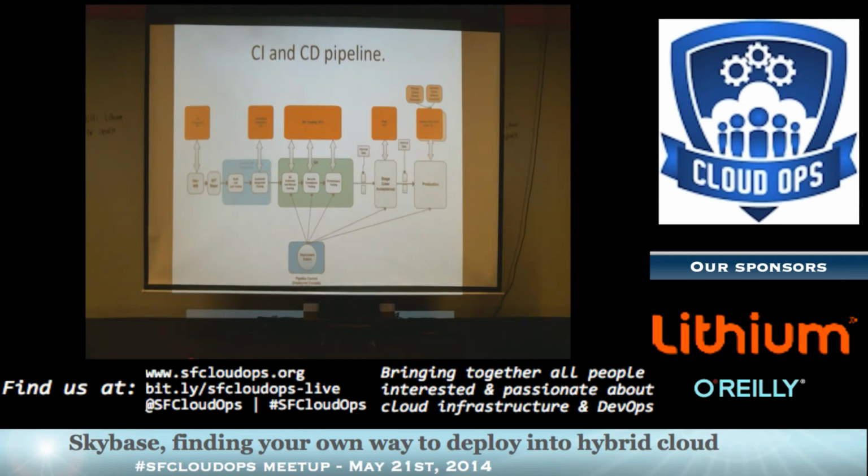VPC is used for, dev environment is used for developers, individual playgrounds, and all this stuff. Then we have a continuous integration environment, which is used by automatic testing system, which Tara is building. When it goes to QA, where we have some automatic testing and some manual tests.